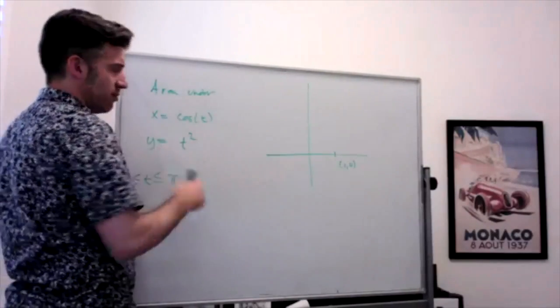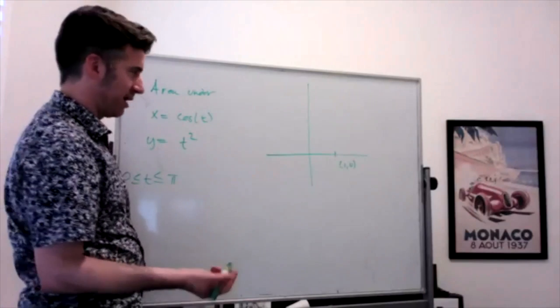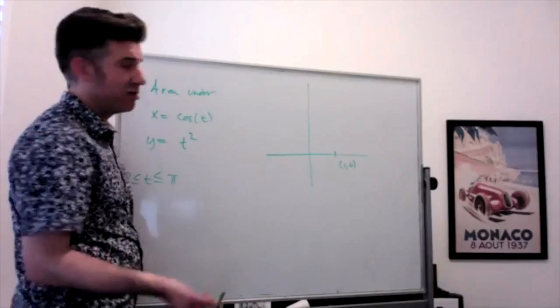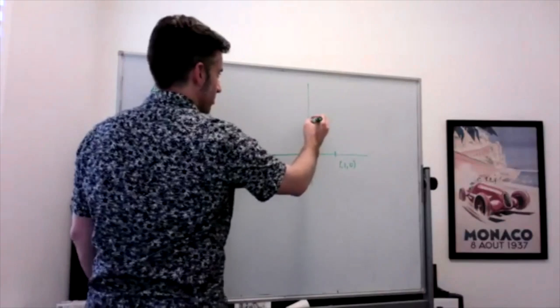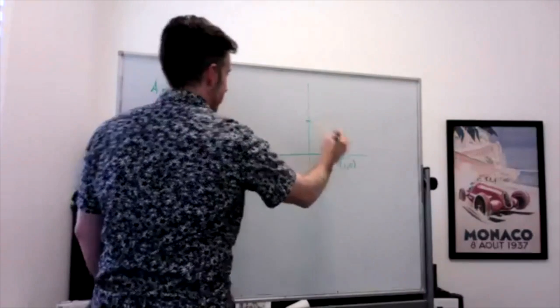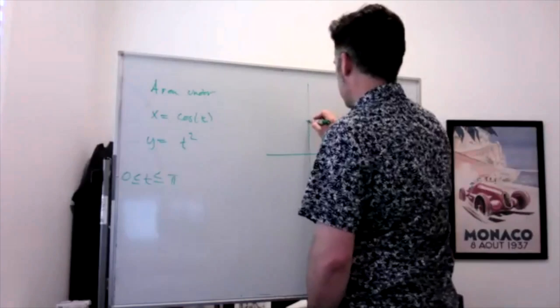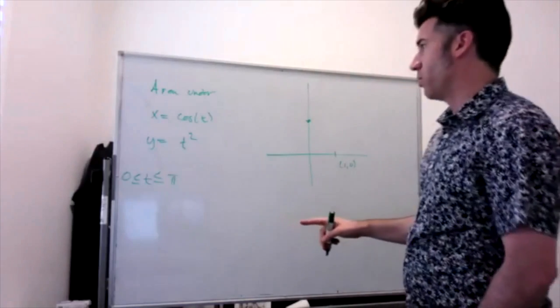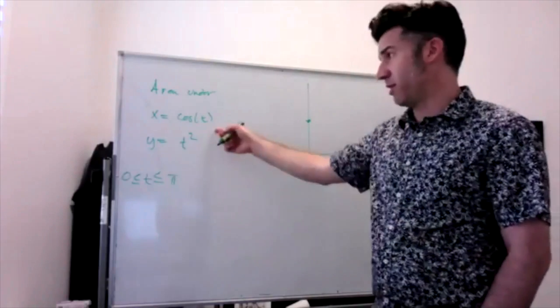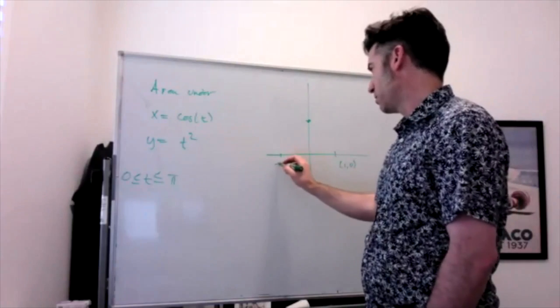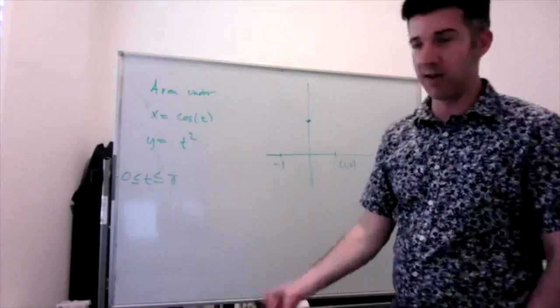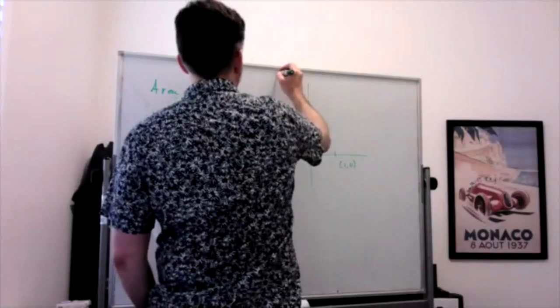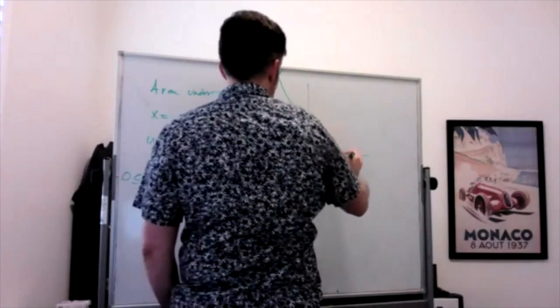And y is going to be pi over 2 quantity squared, which is a little bit more than 2. And then when t is pi, cosine of pi is -1. And pi squared is bigger than 9. So it really gets super big here. So let's do something like this.